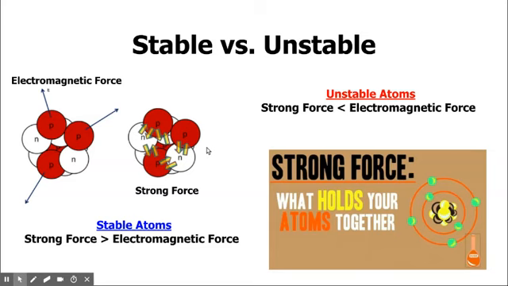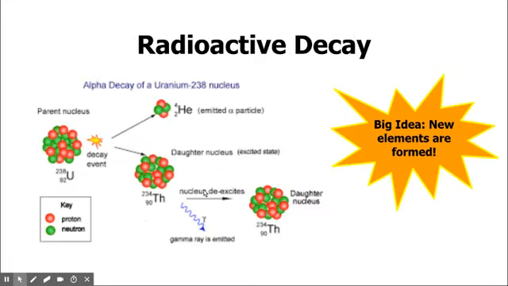The farther you are from the center point, the weaker the strong force gets. That's when the electromagnetic force can take over and rip apart the atom or pull apart the atom and decompose it into an unstable nucleus or unstable isotope or atom, making it radioactive. So again, all radioactive elements are unstable because the electromagnetic force is greater than the strong force.